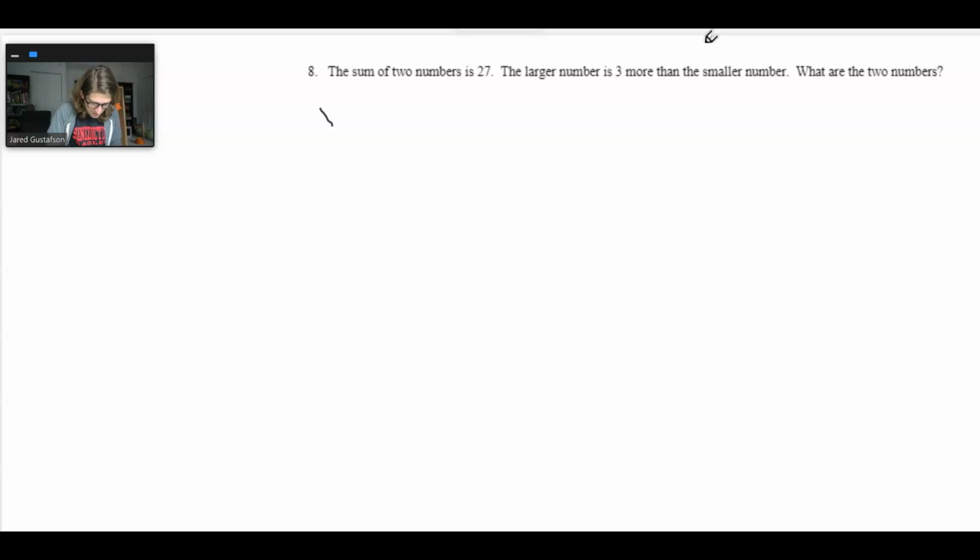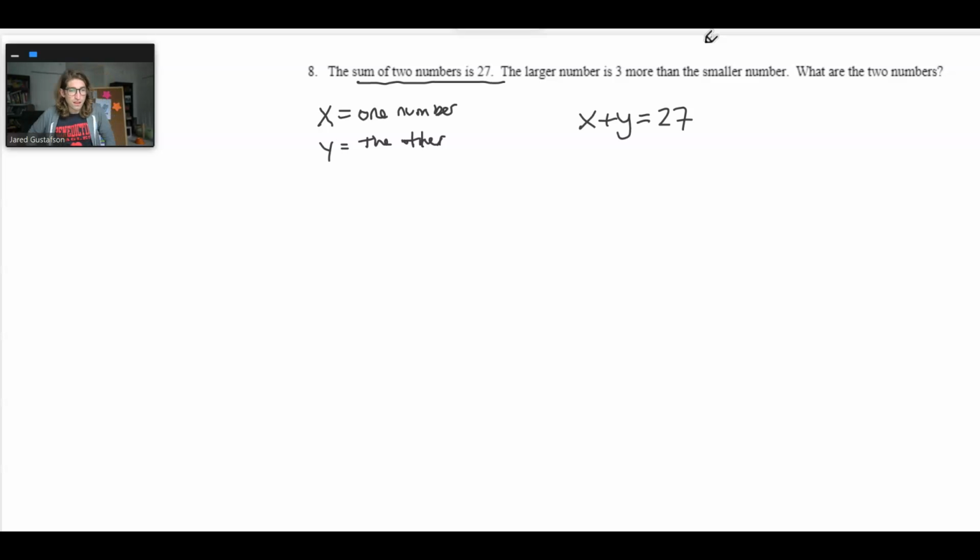Let's say x is one number, y will be the other. So if their sum is 27, that is x plus y equals 27. The larger number is 3 more than the smaller number.